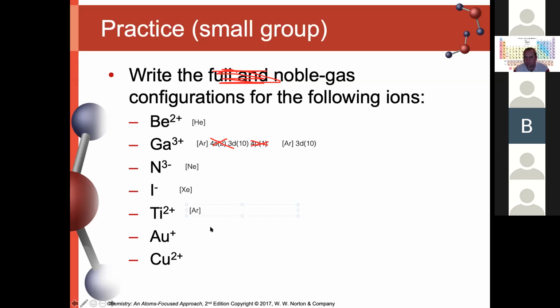Wait, what did you say the original one was? Ar in brackets 1s2. Oh my God, it's wrong? What is that? So that is the noble gas configuration for titanium atom.